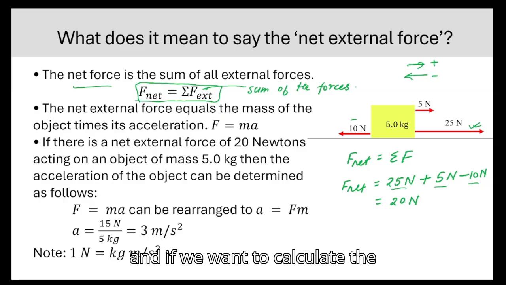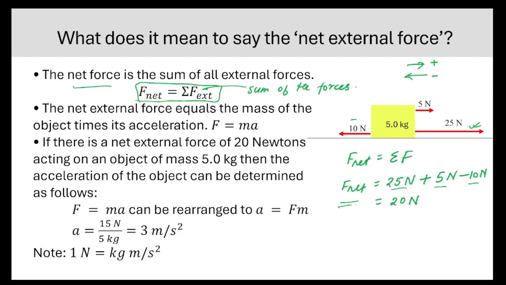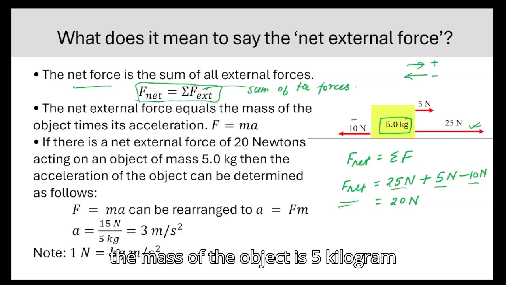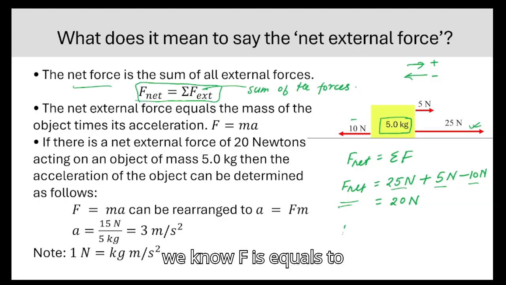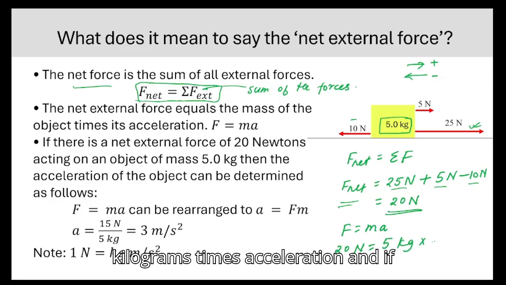And if we want to calculate the acceleration caused by this net force on the object, we can see here the mass of the object is 5 kilogram, then we know F is equal to ma, and F is the net force, so 20 Newton is equal to mass 5 kilograms times acceleration.